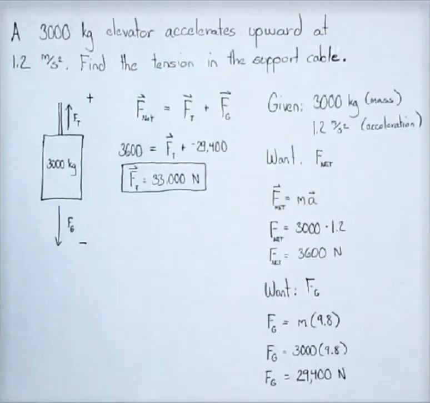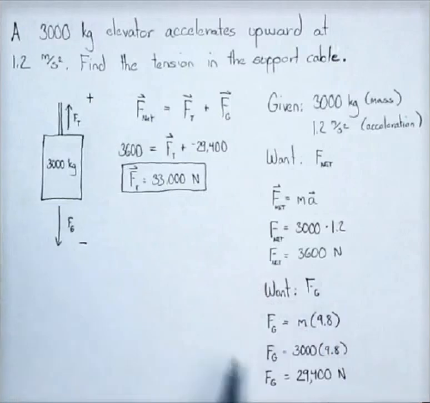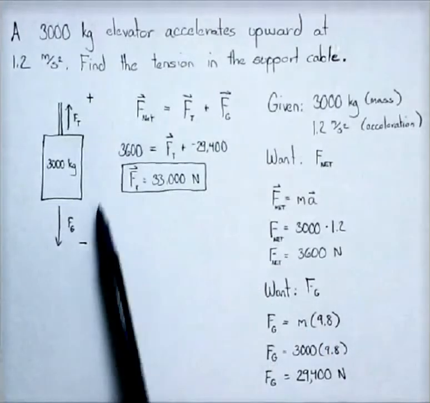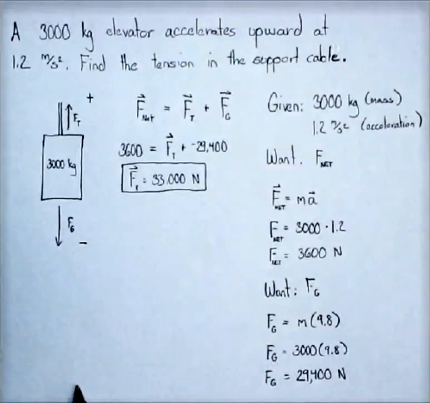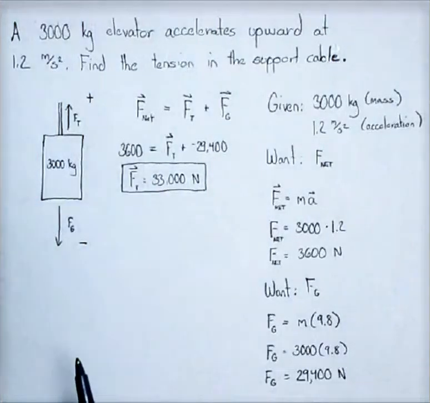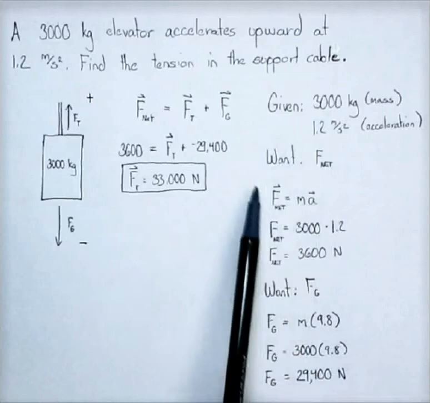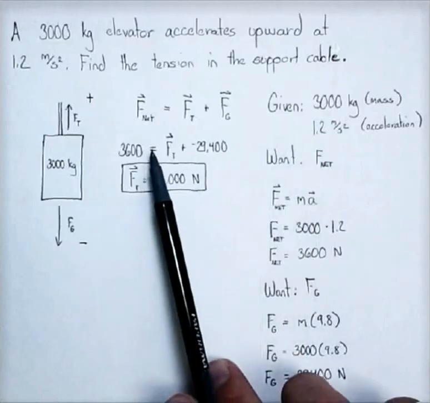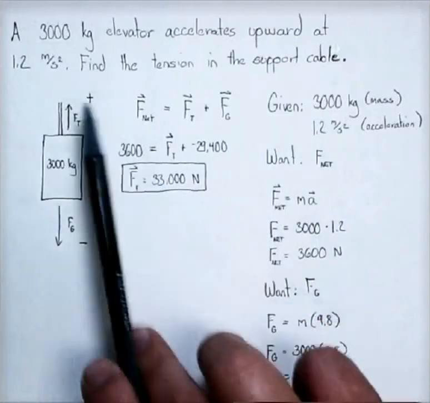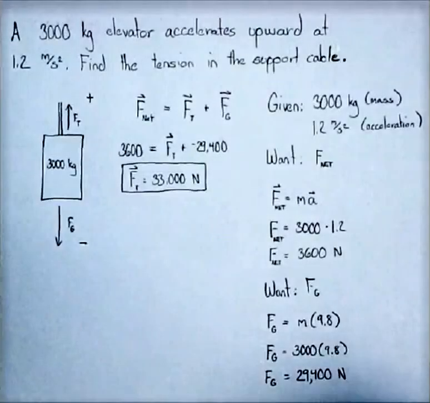And so what we see is that there's a 33,000 newton force upward and a 29,400 newton force downward. Combining those gives us a leftover net force of 3,600 newtons. And then using Newton's second law of motion, it makes sense that everything checks out here.